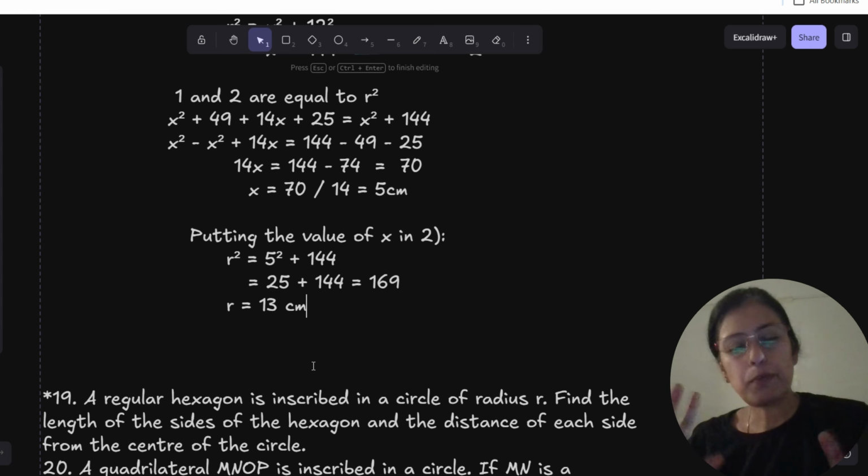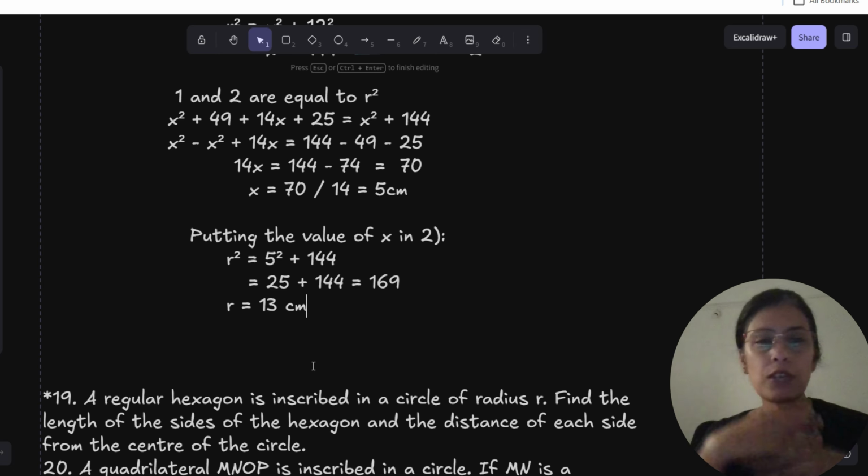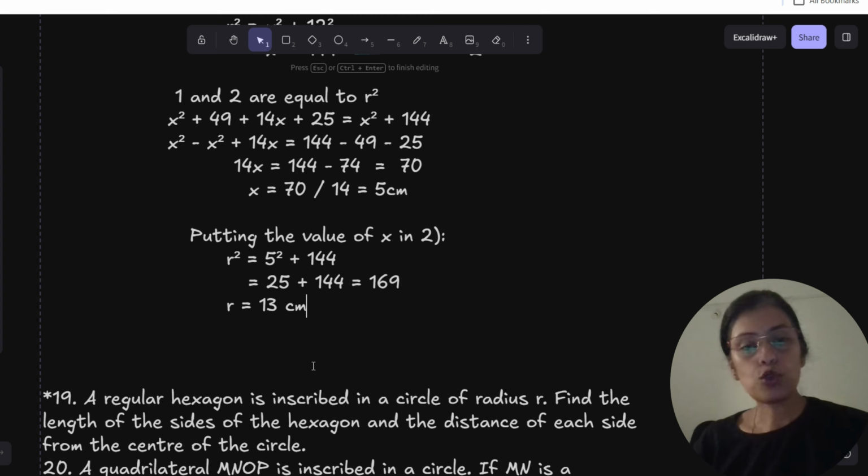So few of the Pythagoras triplets you should, by now you have done so many questions. So you should actually remember also few of them, right? So this 5, 12, 13, this is one such triplet. 3, 4, 5 is the most common and easiest one to remember. So 3, 4, 5 is one. 5, 12, 13 is one.